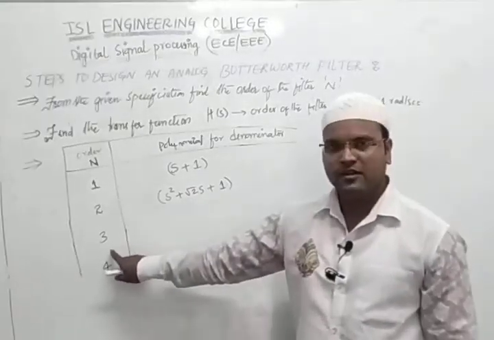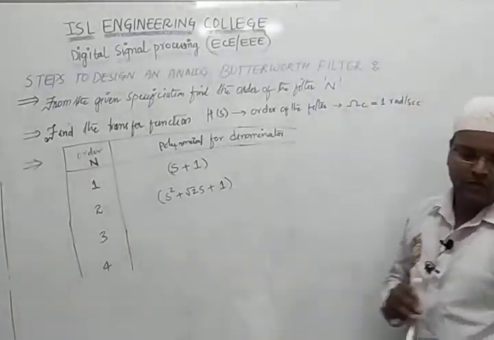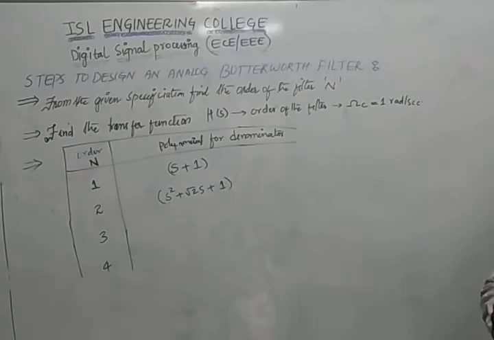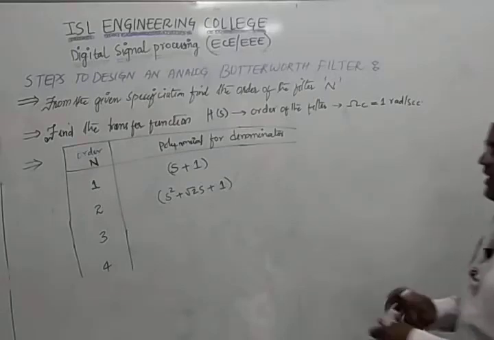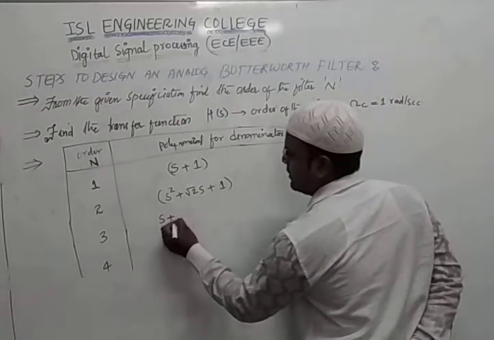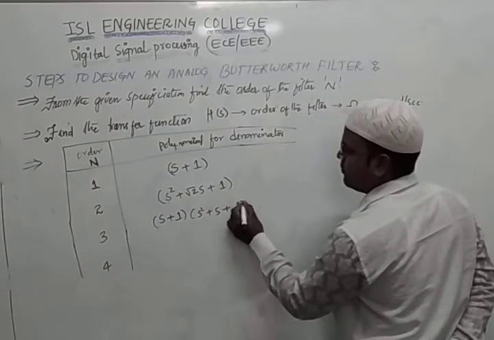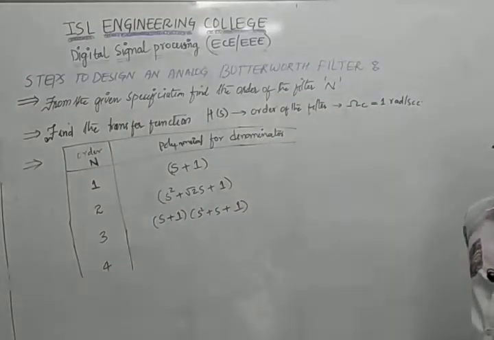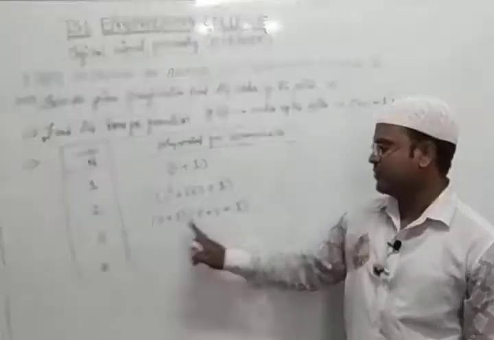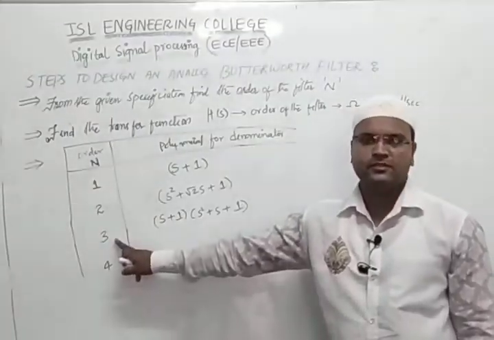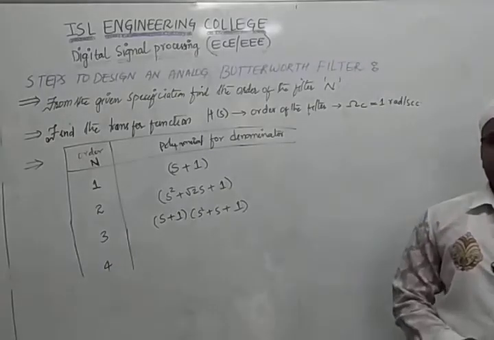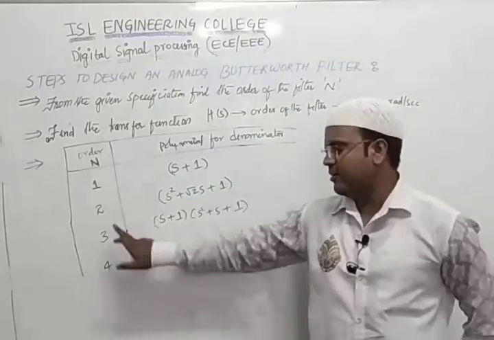If you get third order, we write down the factors: s plus 1 into s square plus s plus 1. This is a formula you need to remember. If you multiply, s into s square gives s power 3, which means it is a third order. Like that we find first, second, and third order.